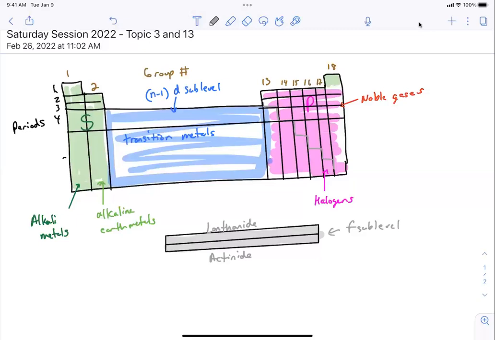And remember, the period the element is on, that's the energy level the valence electrons are located on. So if you have an element on the 4th period, then all of its valence electrons are in the 4th energy level. So 4s and maybe 4p. But D should never be on the valence shell.